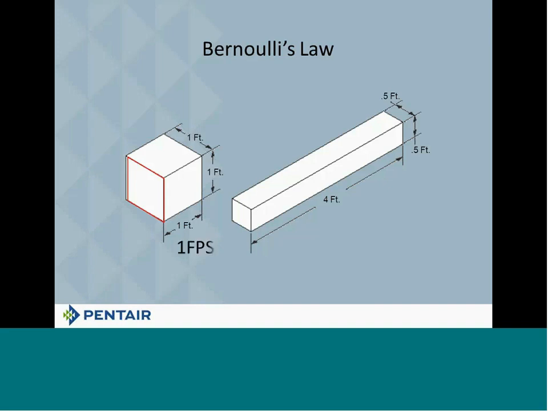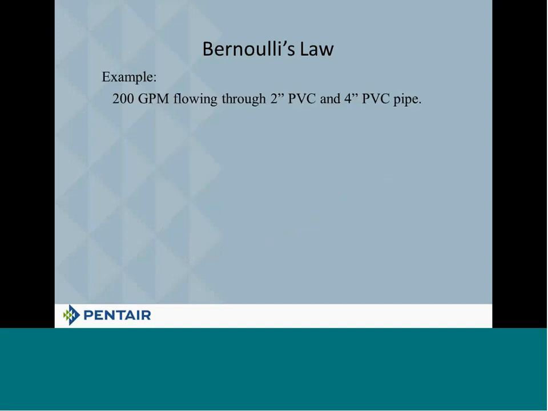If we take that same cubic foot of water, because water is non-compressible, if we put it through a 1/2 foot by 1/2 foot, and we want it to run through there in 1 second, it's going to be moving at a velocity of 4 feet per second. All right, and this is all because water is non-compressible. So a cubic foot of water always takes up a cubic foot of space.